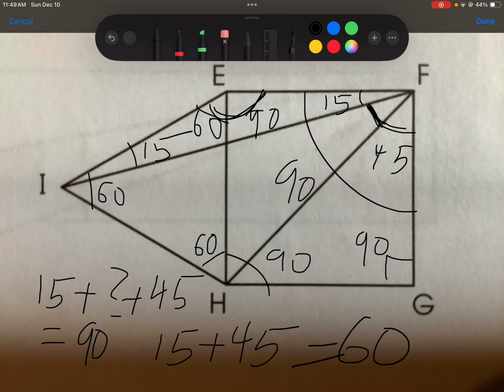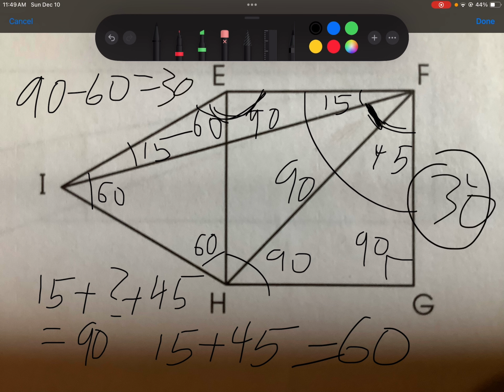So the question mark right here is 30 degrees because the total is 90 degrees and these two angles added up is 60 degrees, which means just subtract 60 from 90, which gives you 30 degrees, the answer. So 90 minus 60 equals 30. So our answer is 30 degrees.